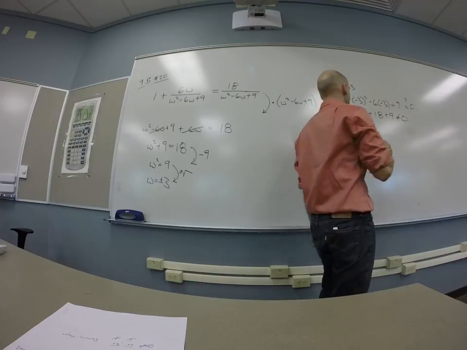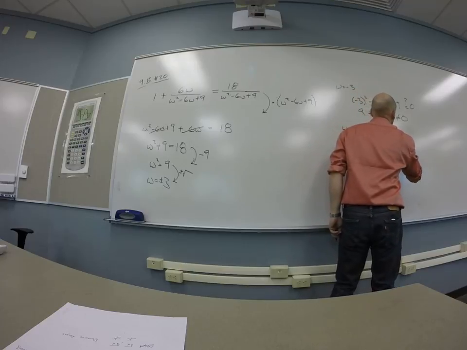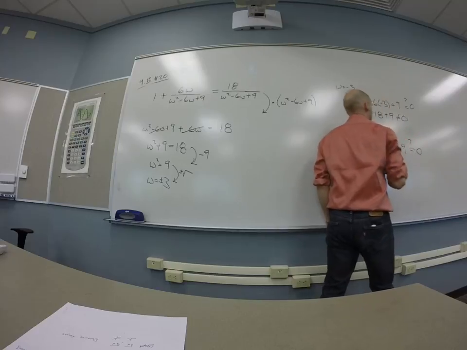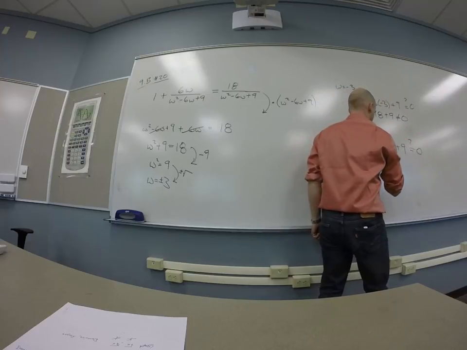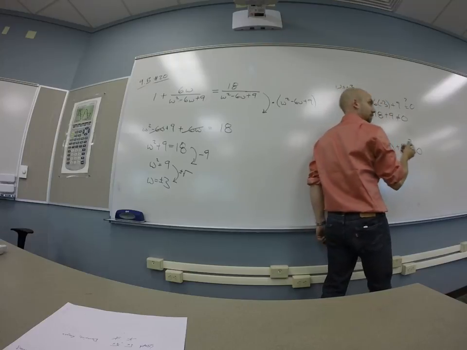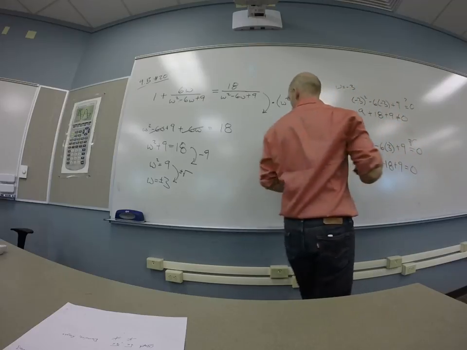And if I plug 3 in, I'll get 3 squared minus 6 times 3 plus 9. So we get 9. And I'm wondering, is this 0? We get 9 minus 18 plus 9, that's 0. Okay, so 3 is not a solution.